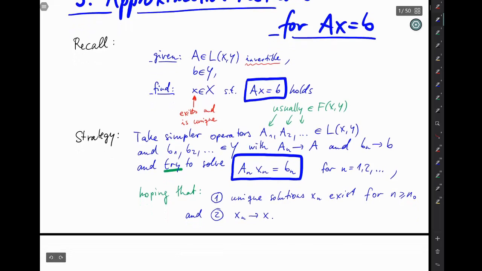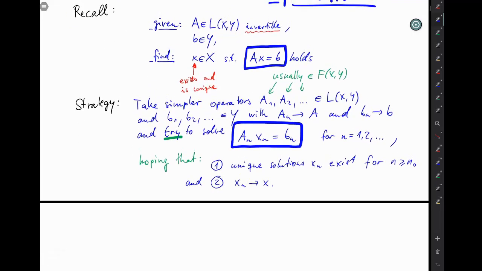Okay, and this brings us to our first definition in this new chapter.